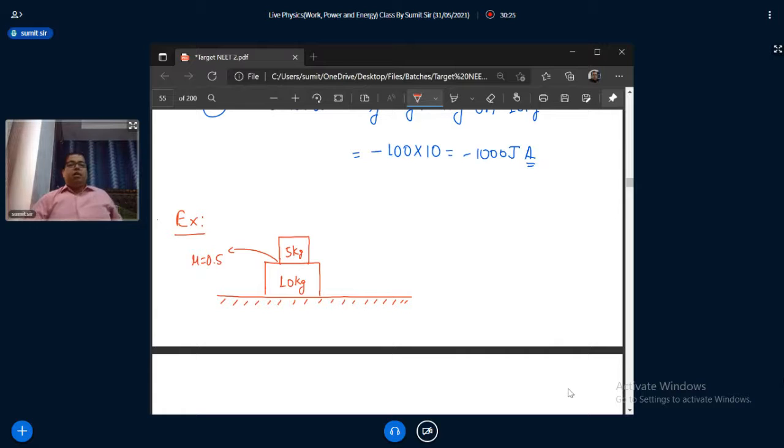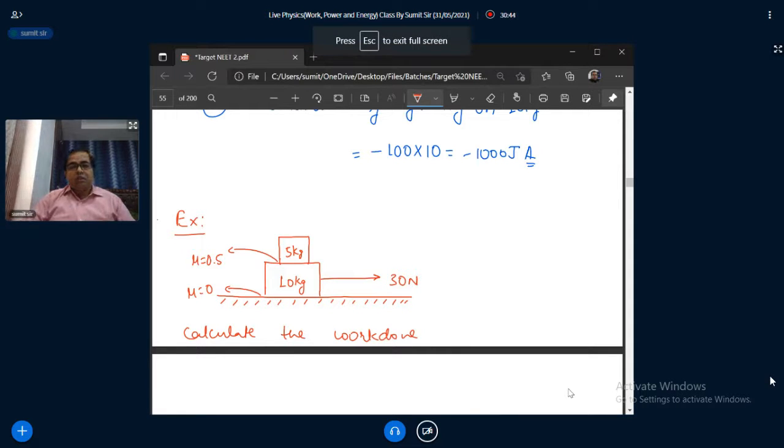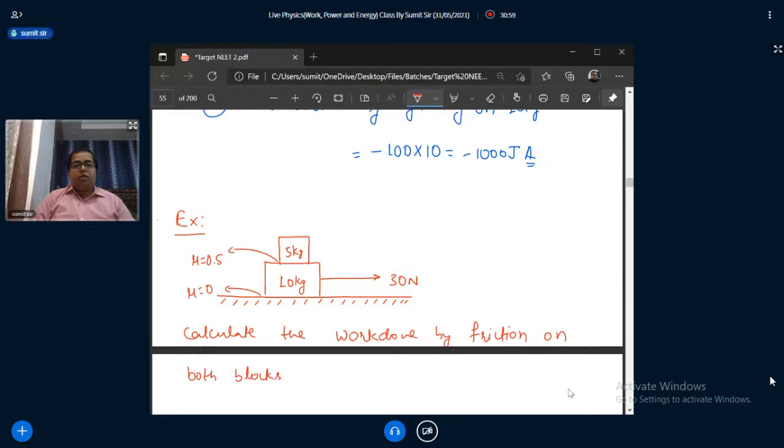Okay. And the force acting, this is smooth, means mu is equal to 0. The force acting is 30 Newton. To find or calculate the work done by friction on both blocks.